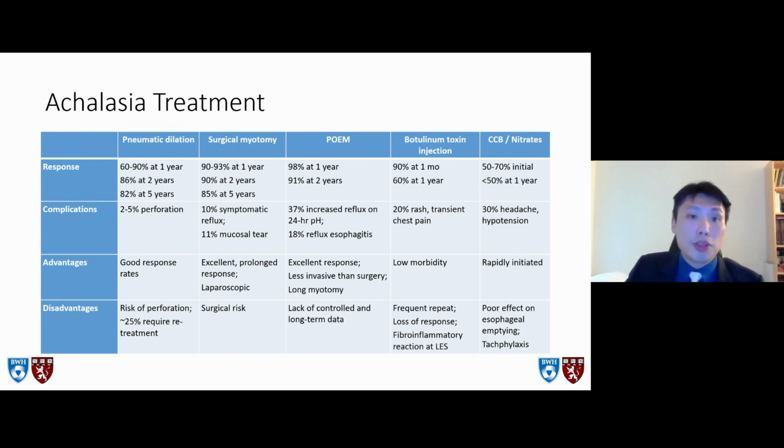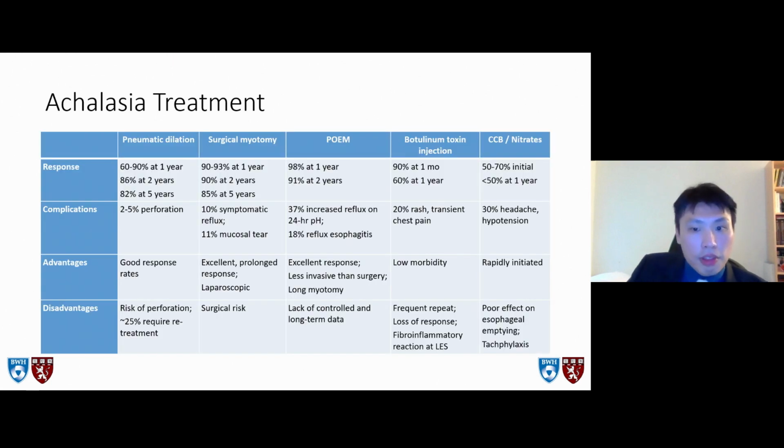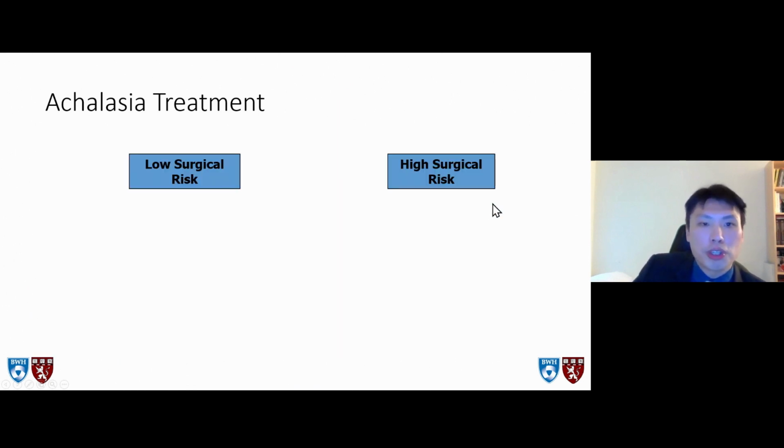But obviously, pneumatic dilation and the myotomies are more invasive procedures. They carry risks of perforation and surgical risk as well. So those we generally reserve for patients who are low surgical risk, compared to Botox and smooth muscle relaxants, which we generally use for patients with higher surgical risk.